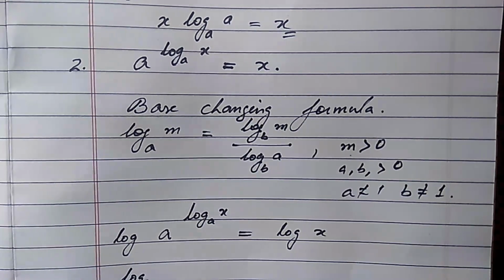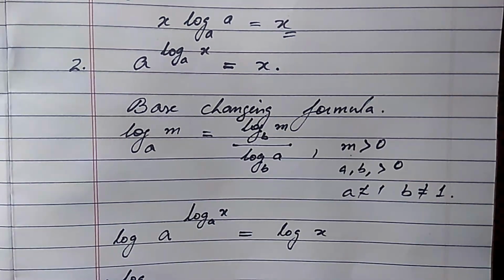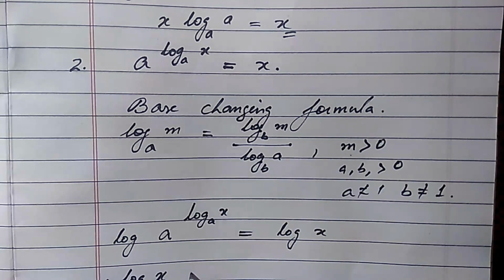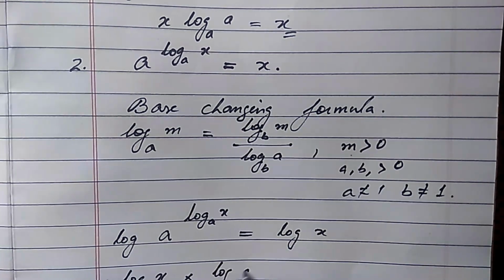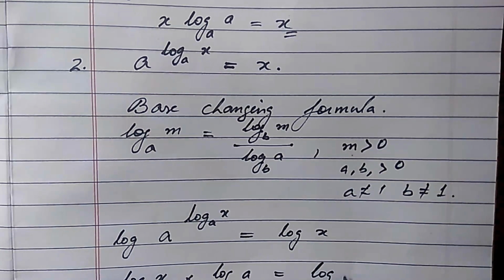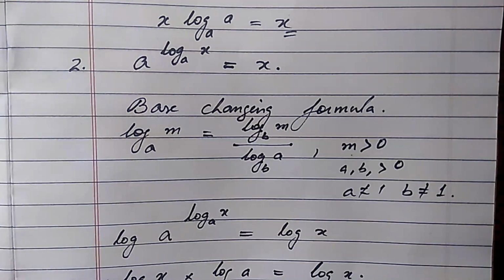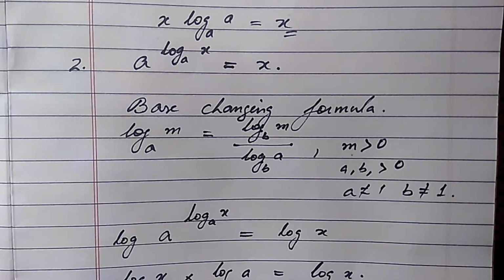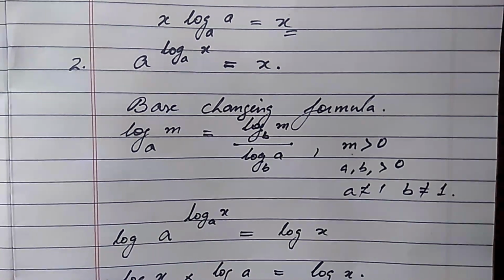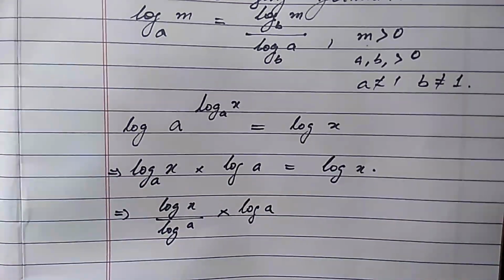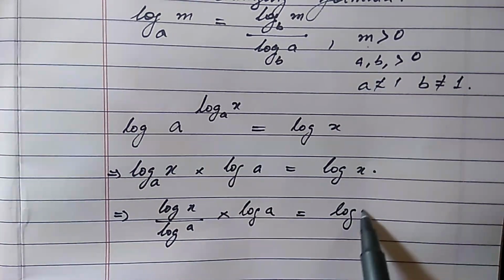So we can write log of x with base a into log of a is equal to log of x. Now let me change the base of this log from a to 10. So we can write log of x divided by log of a with the same base 10, since I'm not writing the base, it is 10, into log a is equal to log of x.